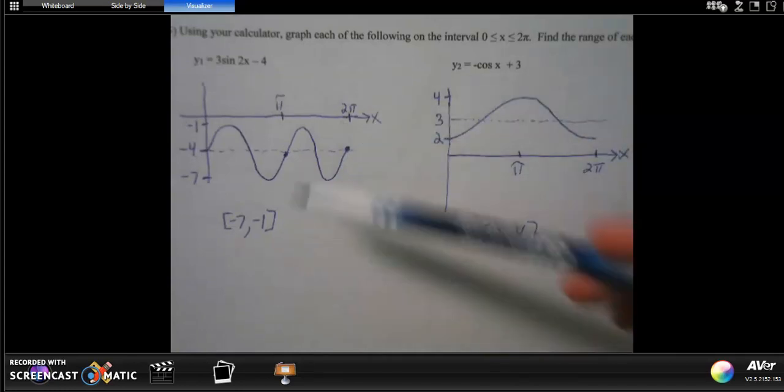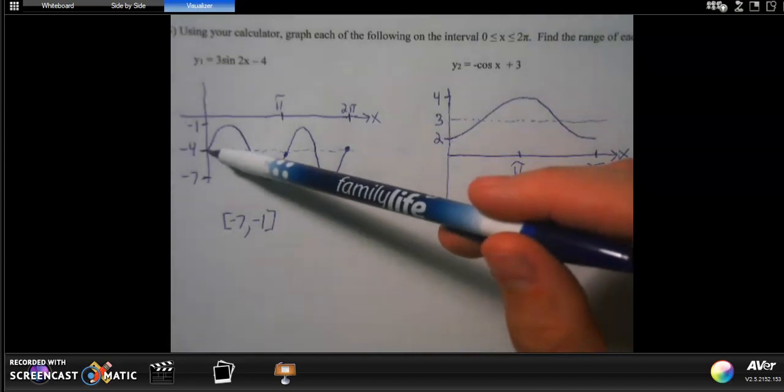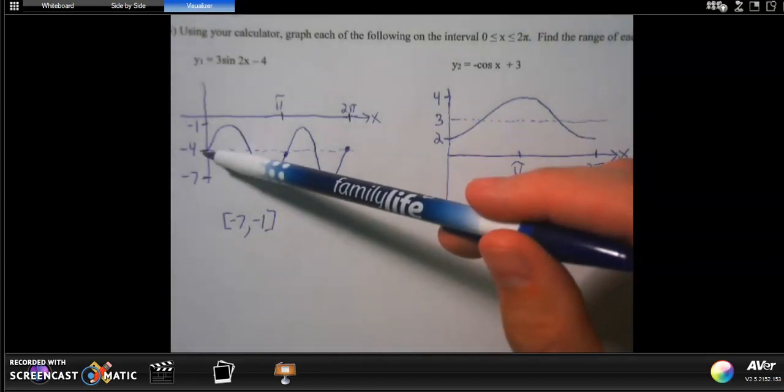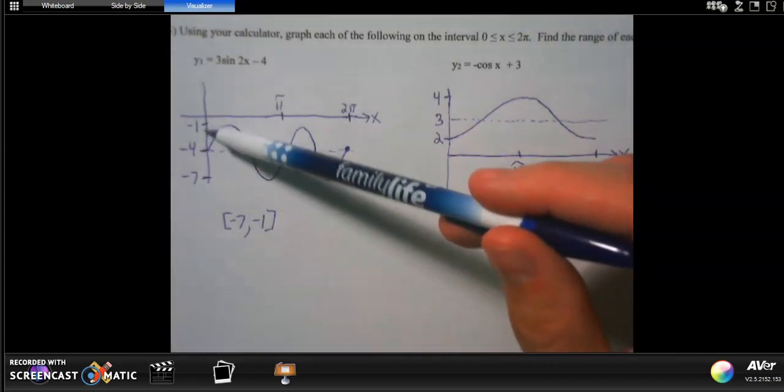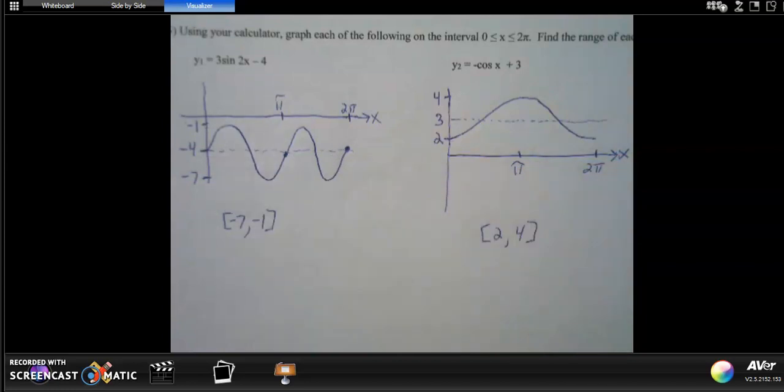And then I label the horizontal center, and the maximum and minimum y values. You don't have to go too crazy with plotting points. Just do the best you can to sketch it. Okay, so that's amplitude, period, and frequency, and you'll have to really know those when you deal with trig functions.